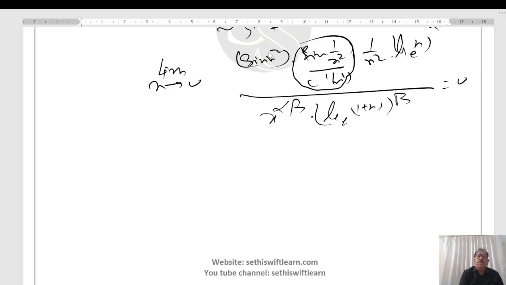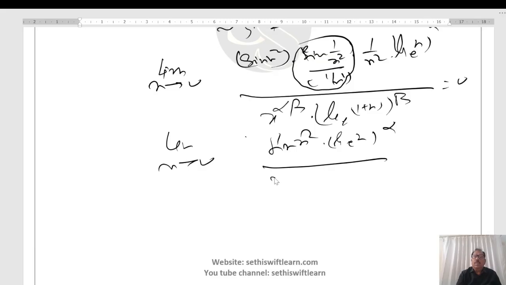Now for the limit x tends to 0, this is the sin of x square, log of e की power x power alpha upon x की power alpha beta plus 2 log of e 1 plus x power beta.